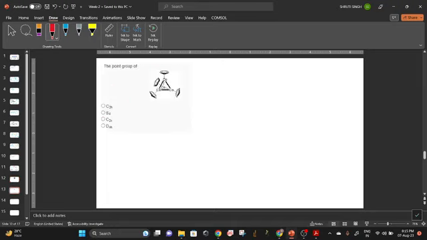Now again this one. The point group. What is the shape of this molecule? It is tetrahedron.